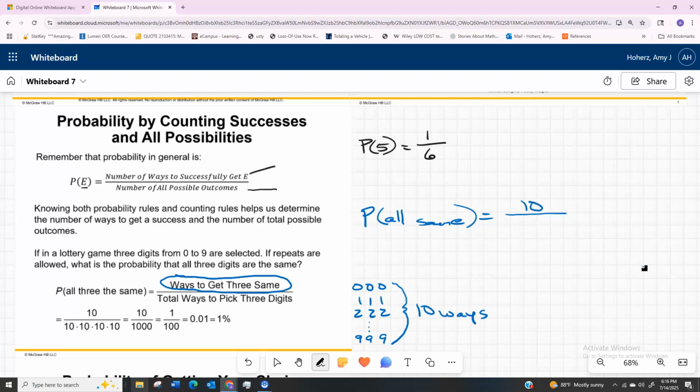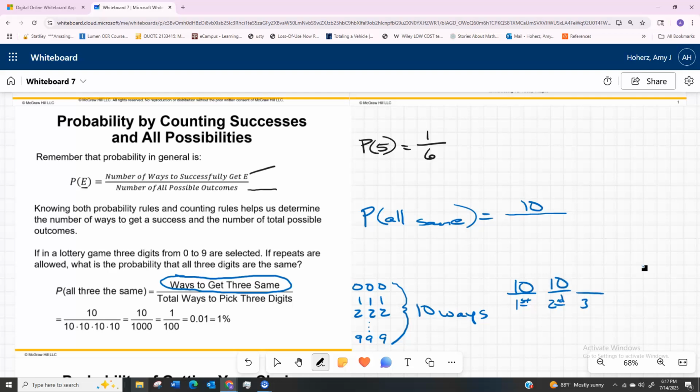And then what about the bottom number? There's various different ways we could do this, but let's do it as if we're doing the multiplication rule from the last section. The first digit has 10 ways to be selected, 0 through 9. And then the second digit has 10 ways to be selected.